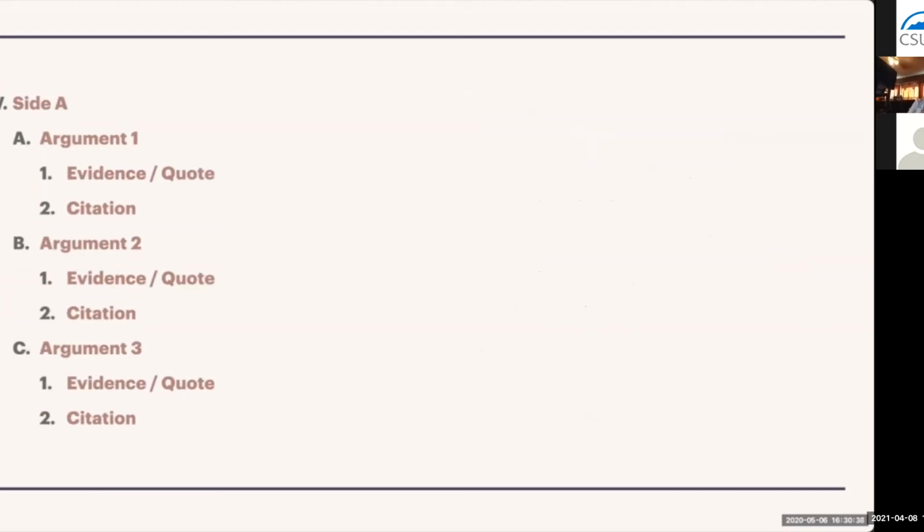And then once we've introduced the topic, we've defined the rules of the road, we've set up the history of how this debate got to where it is, now we actually look at the arguments.